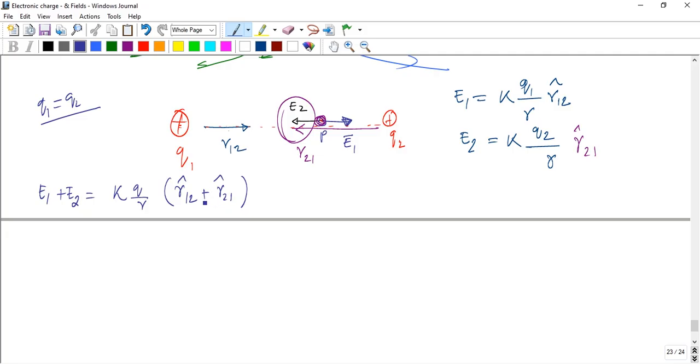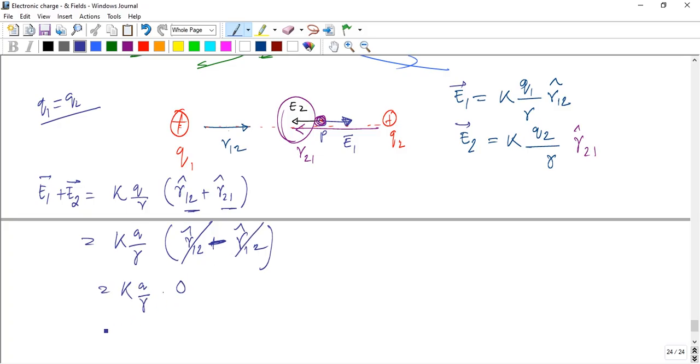That is very easy. K Q by R squared is the magnitude, and the unit vectors give the direction. We know R12 and R21 are opposite, so they cancel. K Q by R squared times 0 gives 0. So the total field at point P, E total, is equal to 0.